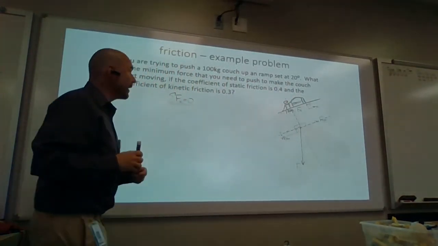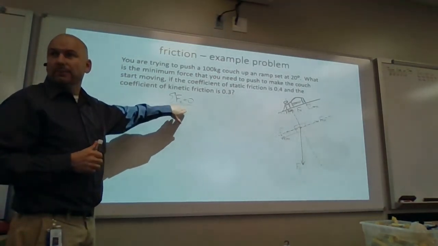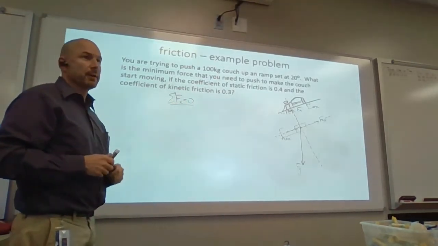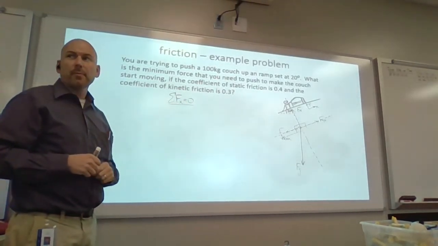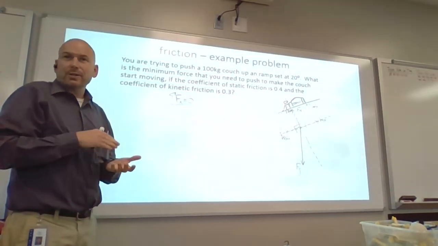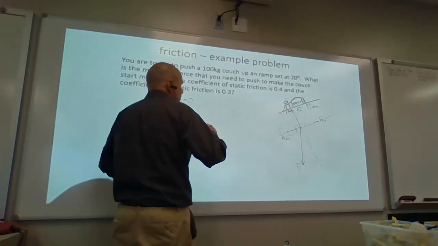Okay? And because of that, we're going to say it has not yet begun to slip or slide. So we're going to say the sum of the forces is equal to 0. Does that make sense why I'm doing that? It has not yet, it is just about to slip or slide.